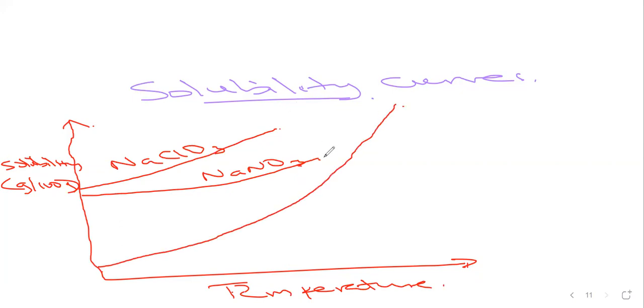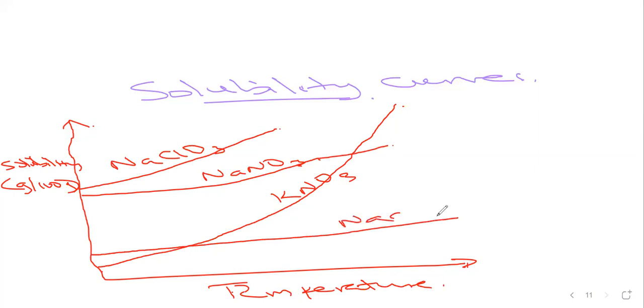This curve here meets that one of sodium nitrate somewhere. That is a curve for potassium nitrate obtained experimentally. And then the one of sodium chloride is always moving somehow like that.